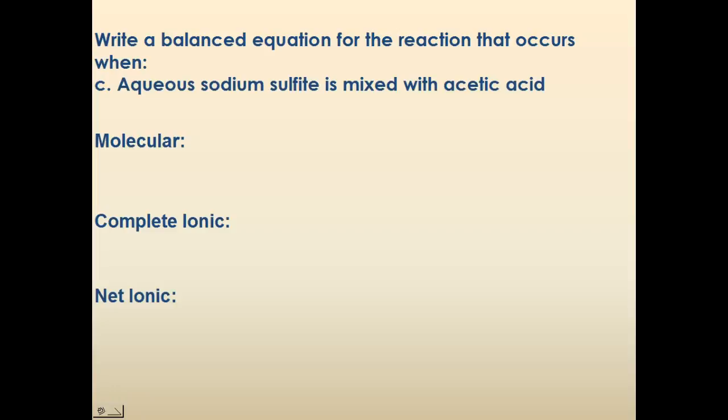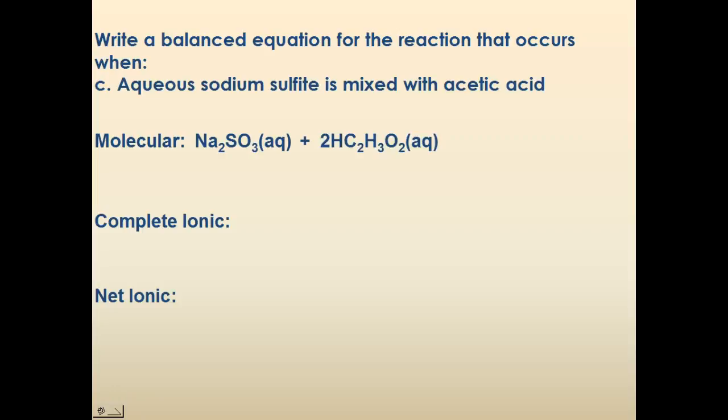This one's going to be with the sodium sulfite, the aqueous solution of sodium sulfite, and how it's mixed with acetic acid. So sodium sulfite, SO3 is -2, sodium is +1, Na2SO3. Acetic acid is from the acetate ion, it's a -1, hydrogen is +1.